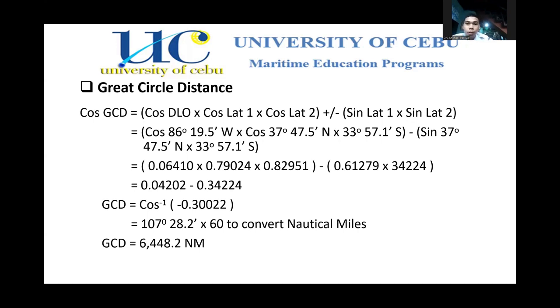So cosine D long, which is 86 degrees 19.5 minutes west, times cosine latitude 1, which is 37 degrees 47.5 minutes north, times cosine latitude 2, which is 33 degrees 57.1 minutes south, then minus the sine of 37 degrees 47.5 minutes north times the sine of 33 degrees 57.1 minutes south.